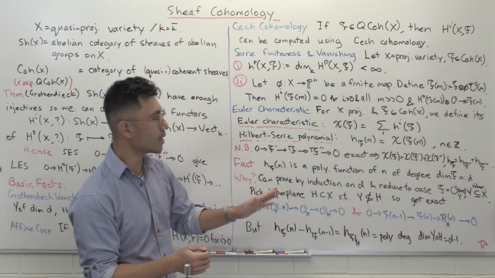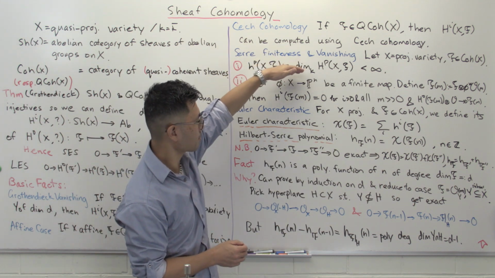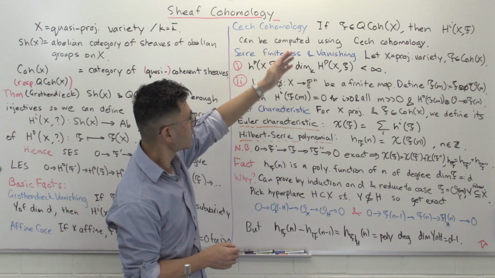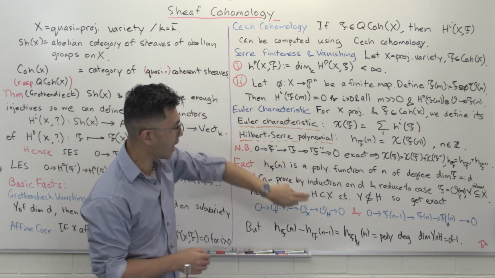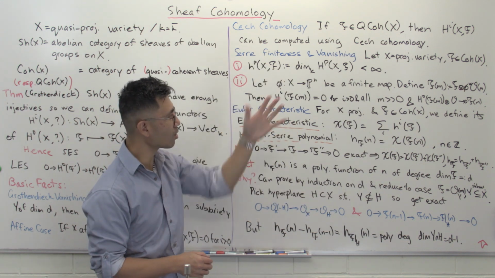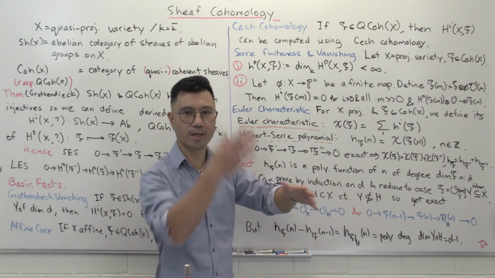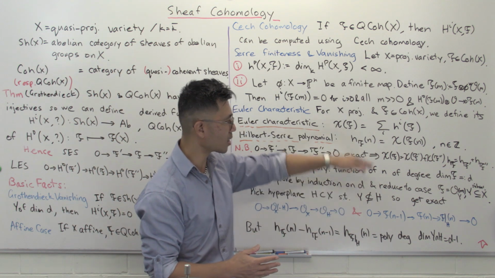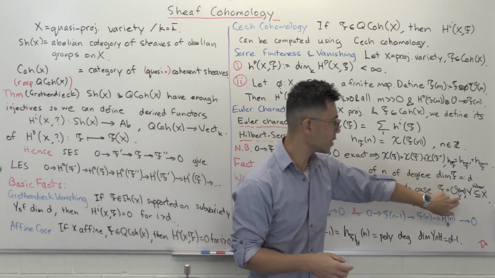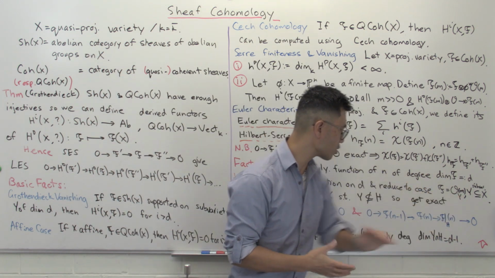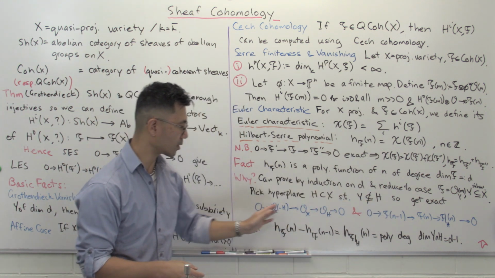Remember you're working with a map like this, and you can take a hyperplane inside this P^n and pull it up, and that gives you a hyperplane H inside X. You can get lots of different hyperplanes, so you can assume that this hyperplane doesn't contain your Y, so it cuts it down in dimension. We're going by induction on the dimension of F, and hence the dimension of Y. The dimension of F is just the dimension of Y here. So we'll take that hyperplane, and that gives us immediately an exact sequence like this.